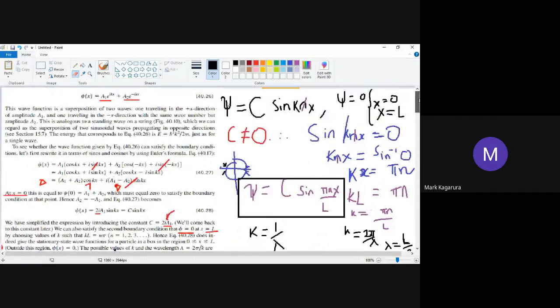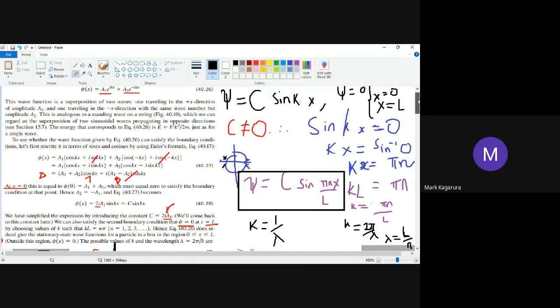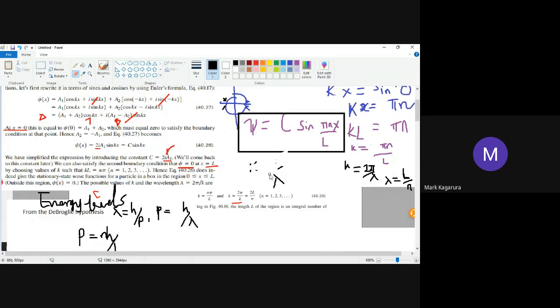Let me also delete this now. So our k is going to be given by 2 pi over lambda.